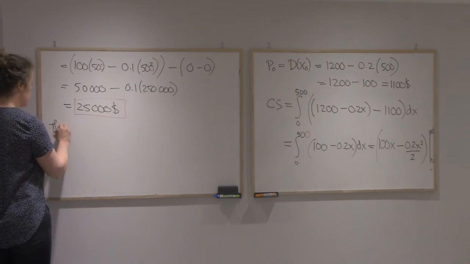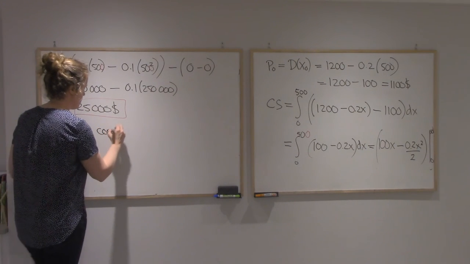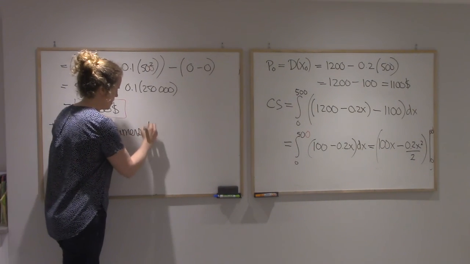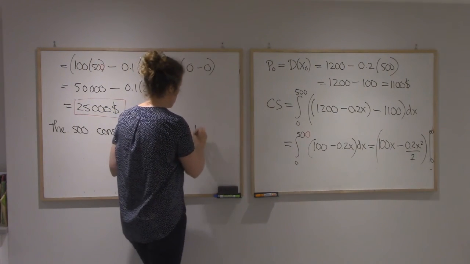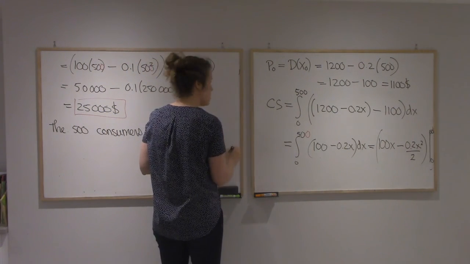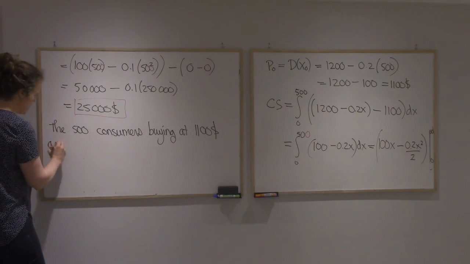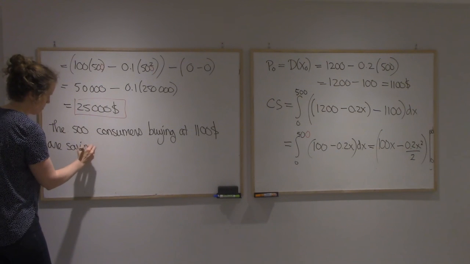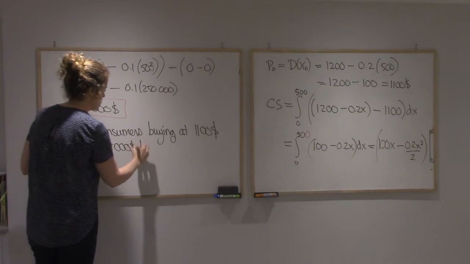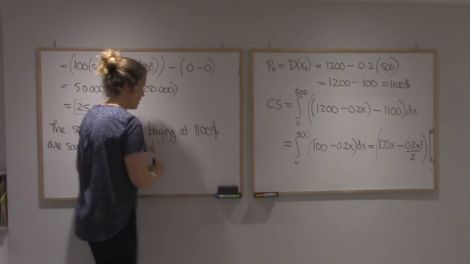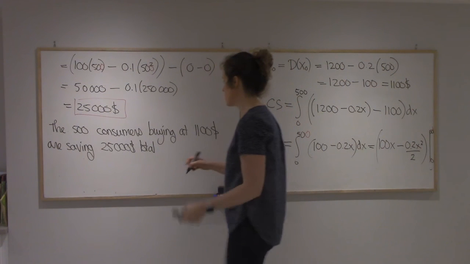So the 500 consumers buying at $1,100 are saving $25,000 total by buying at that price compared to what they were willing to pay.